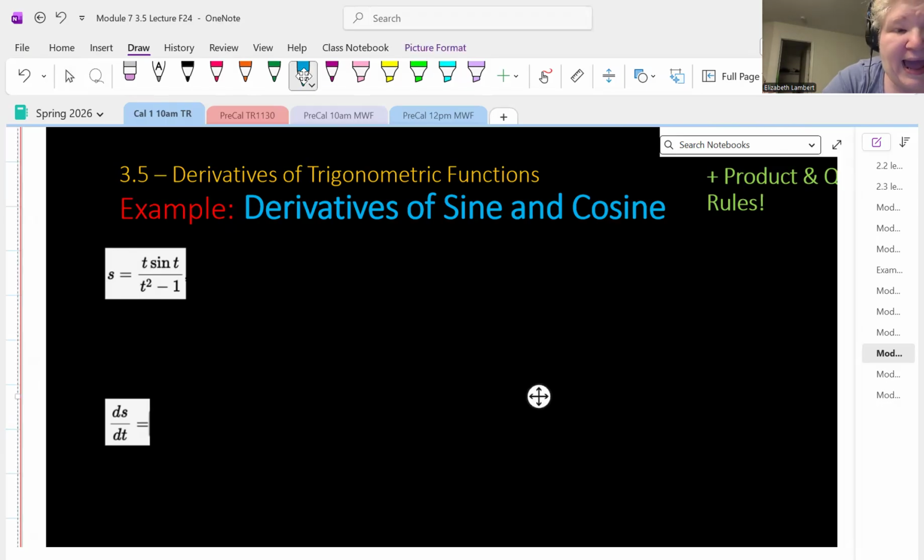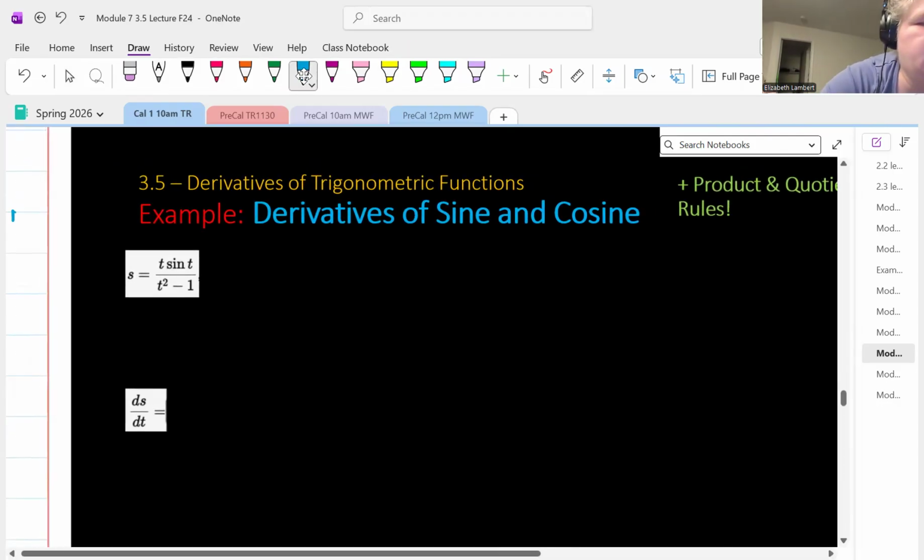So I have overall, it's a big fraction. So overall, my rule is the quotient rule first and foremost. So let's focus on the structure of the quotient rule. Let's remember that structure.